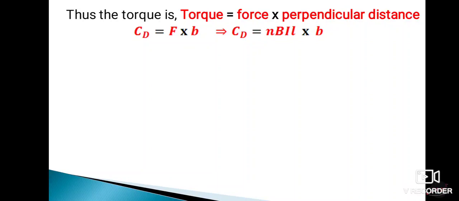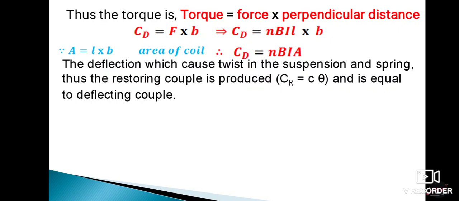Therefore CD is equal to, F we have already calculated in the previous class, that is NBIl, into b. But the area of that rectangular loop is nothing but length into breadth. Therefore our deflecting couple CD is equal to NBIA. Instead of length into breadth, we have substituted area. Therefore, CD is equal to NBIA.